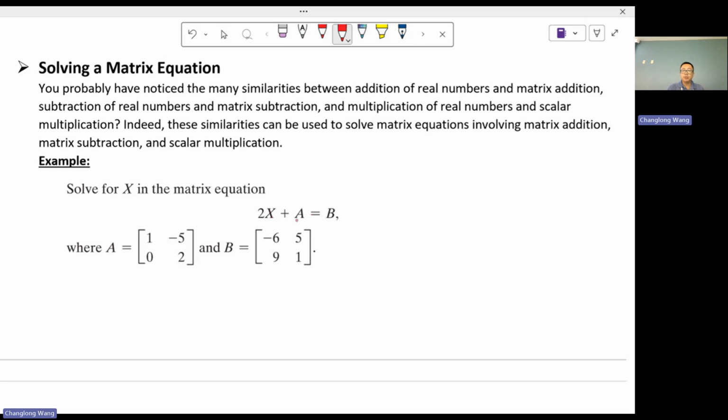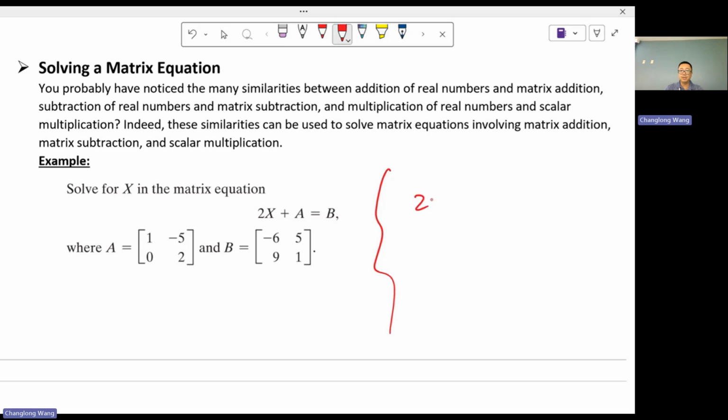All we know is once you multiply that matrix by 2, which is a scalar multiplication, then add the matrix A to it, they better add up to be the matrix B. So given A and B, how would you find what X is? You see that already typed up. But the thing is, what if those X, A, and B are numbers? How would you solve for X?